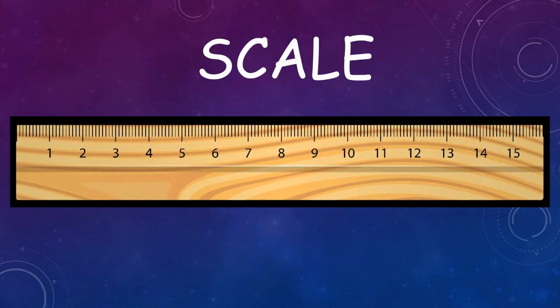This is a scale. The meter is a standard unit which is used for measuring length. If we divide a meter into 100 equal parts, each part is called a centimeter.